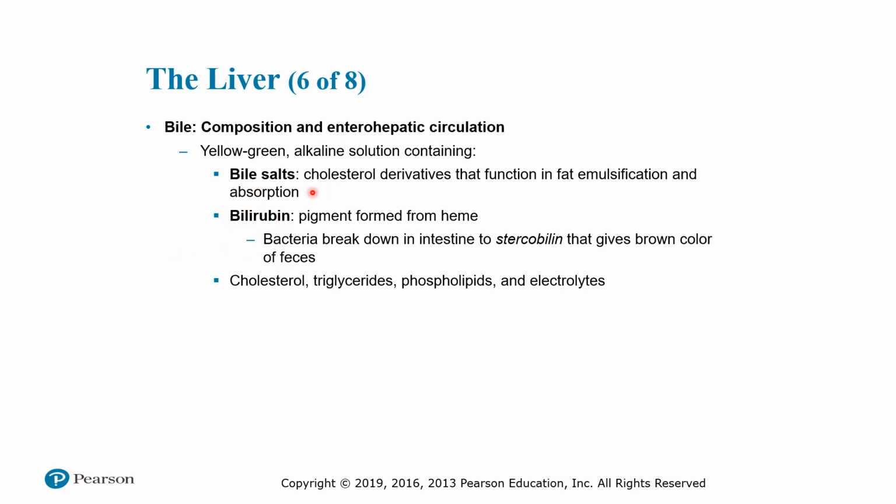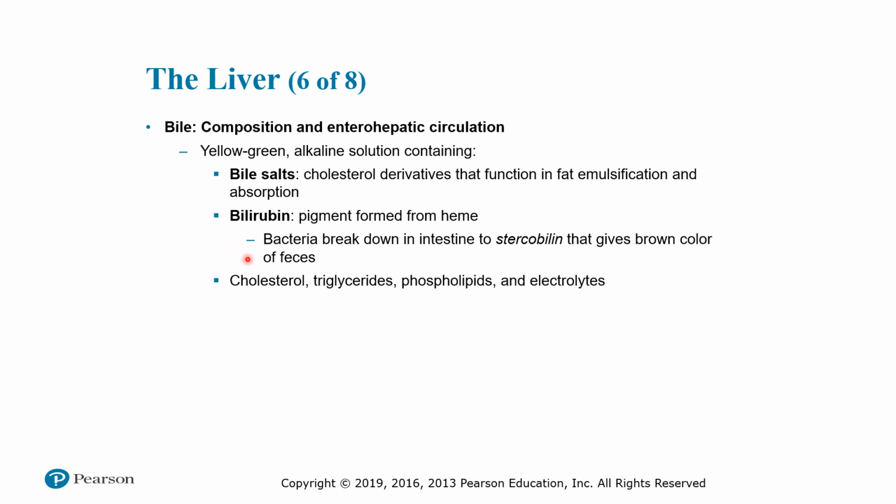All right, so that was about the bile salt. What is bile salt doing? They're emulsifying the fat and making the absorption of fat possible. Then another component of the bile is the bilirubin. It is a pigment formed from the heme. Bacteria break it down in the intestine to stercobilin, and this gives the brown color to the feces.